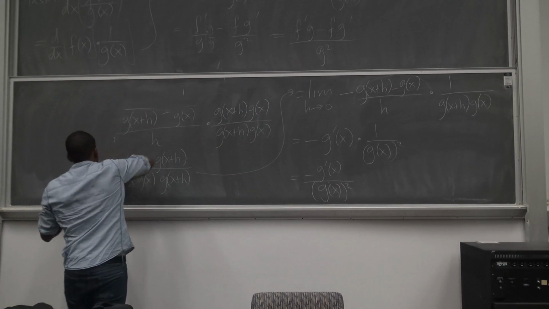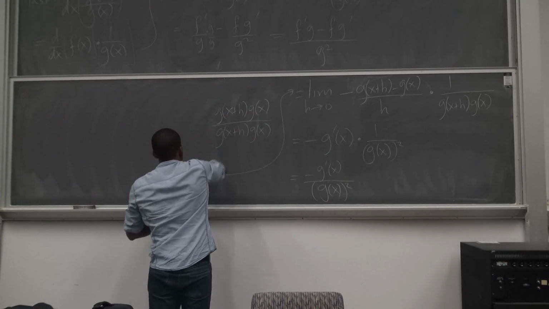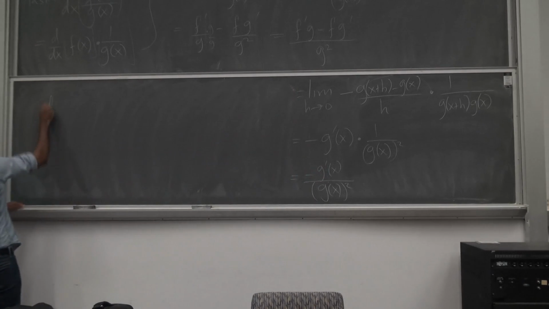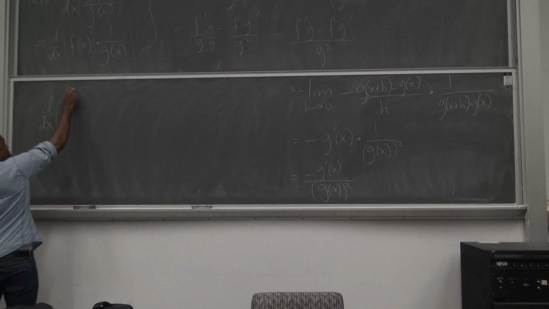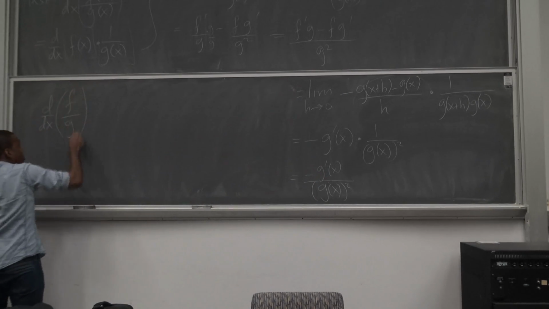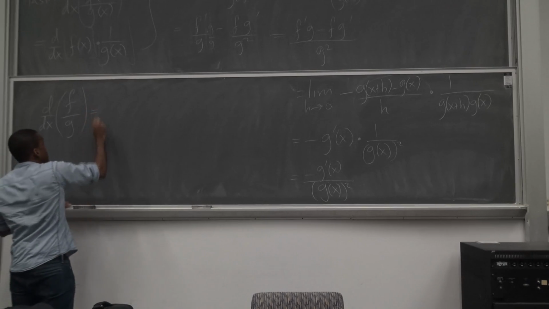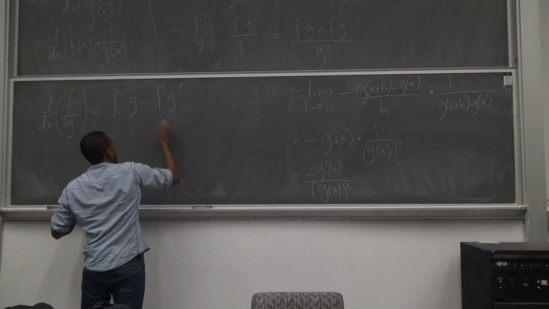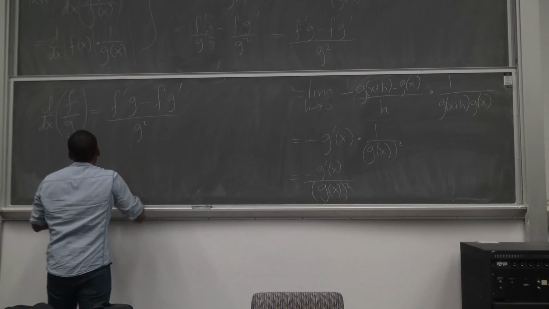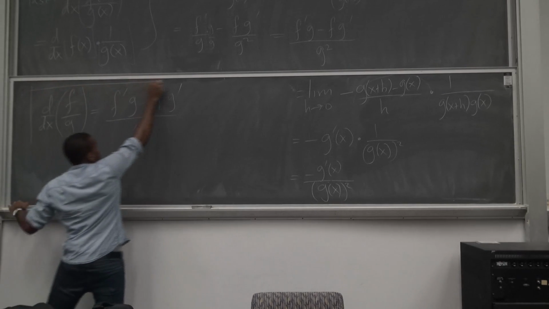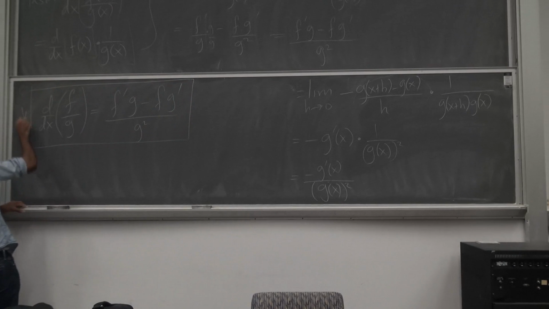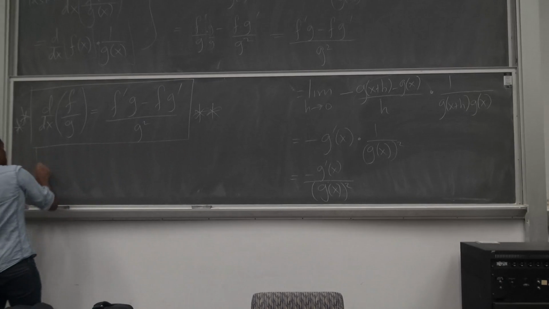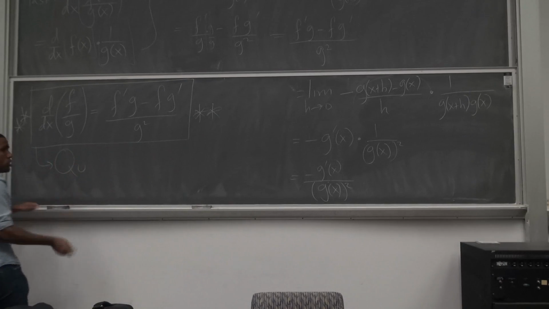Which leads us to another very important formula. The derivative of one function divided by another function, of course assuming the bottom function is not 0, is f prime times g minus f times g prime over g squared. And this is something that we know now. This is called the quotient rule, because it's used to differentiate quotients.